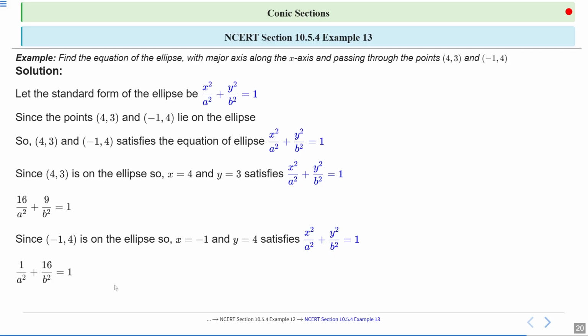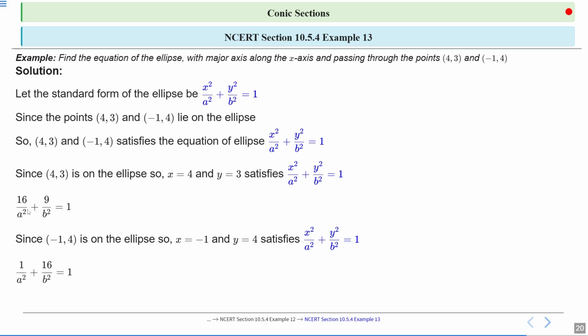Students, first of all, note this equation. So basically we obtain two equations.